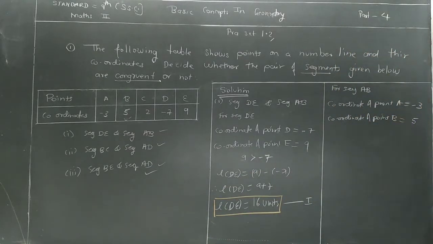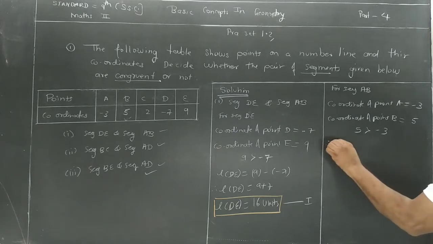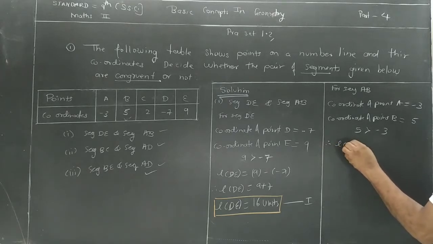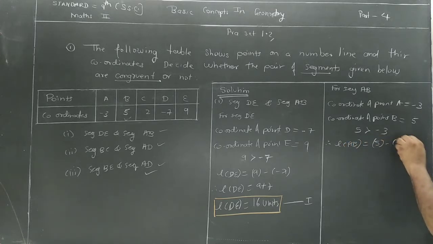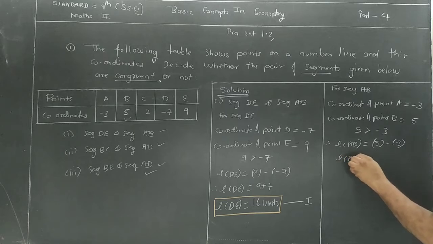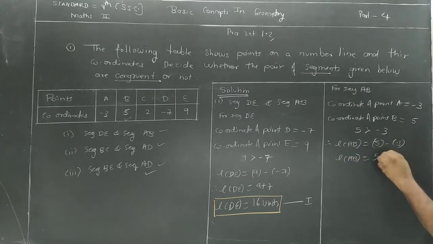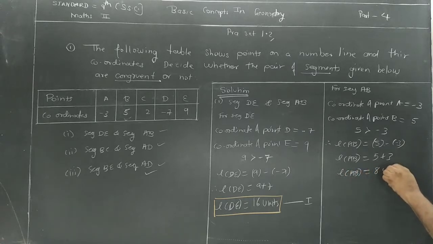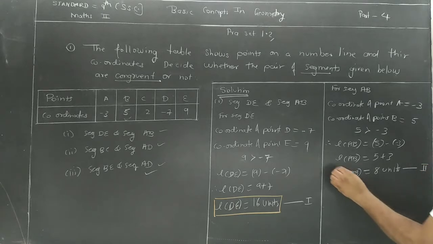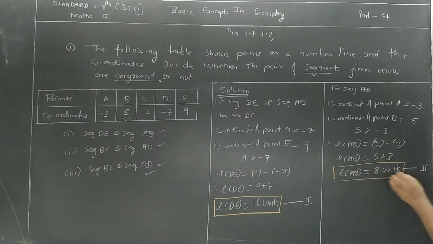So, among this -3 and 5, I know 5 is greater than -3, right? Therefore, length AB is equal to 5 minus -3. Minus becomes plus. So, length AB is equal to 8 units. This will be your equation number 2 and this you are going to put in a box.